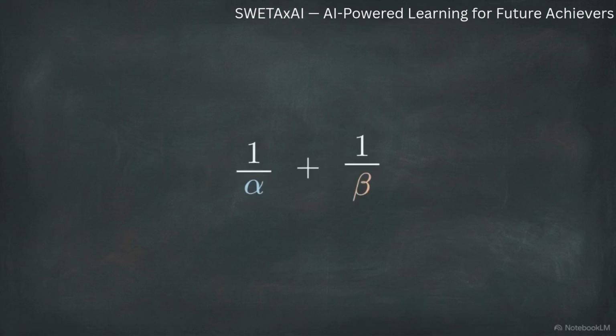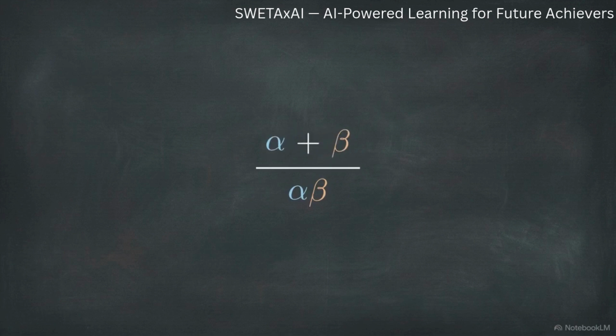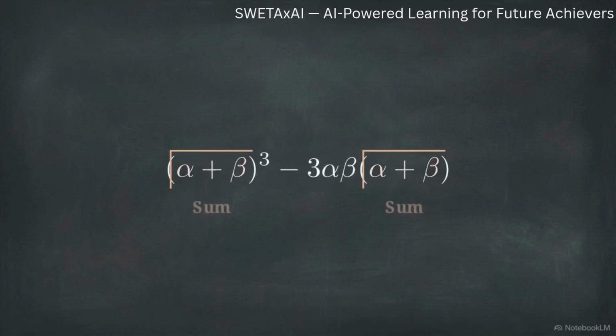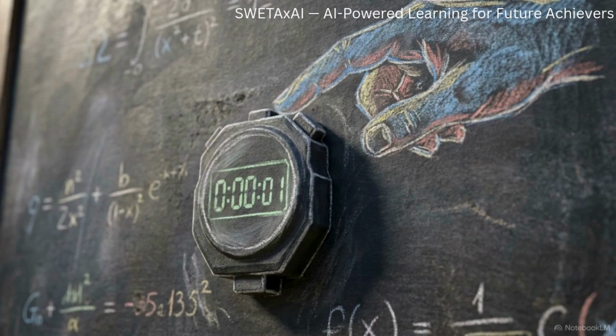Combining the fractions algebraically transforms the expression into alpha plus beta in the numerator over alpha times beta in the denominator. Any mathematically symmetrical expression involving the roots can be manipulated into a combination of just sums and products. Exploiting this structural symmetry reduces complex root relationships to basic coefficient arithmetic, providing the speed necessary for elite exams.